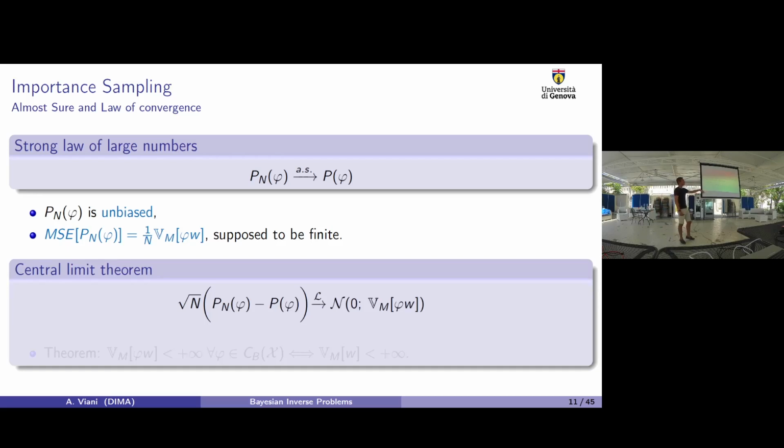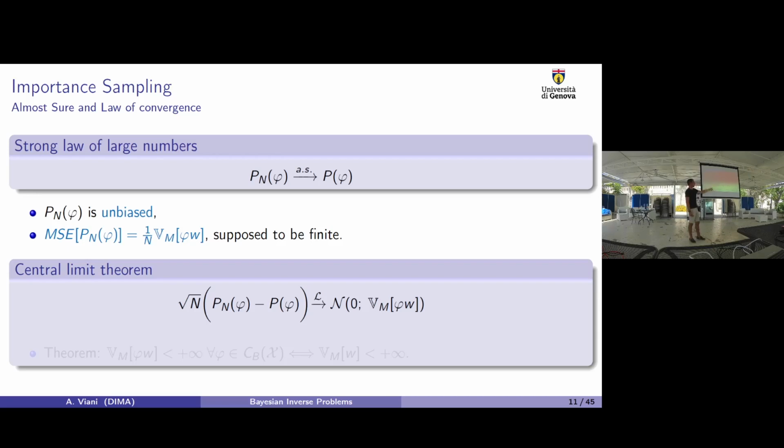So the central limit theorem, so we know the convergence in law. We know that Pn is unbiased due to the strong law of large numbers, so the mean of Pn is P of phi. And we also know, due to the fact that this is unbiased, that the mean square error is the variance of the product of the two.